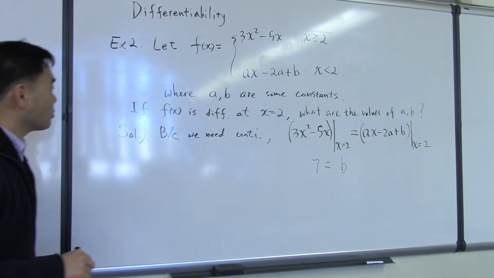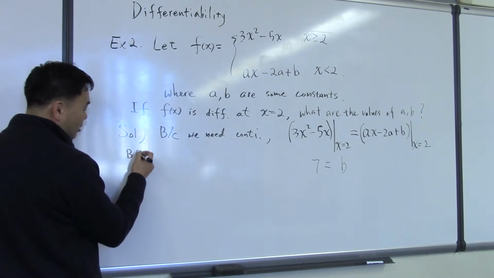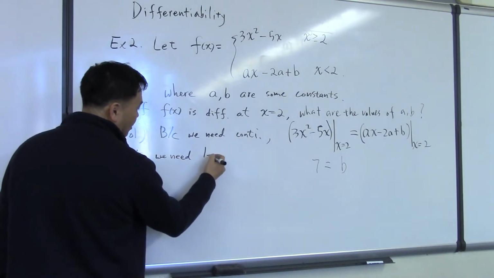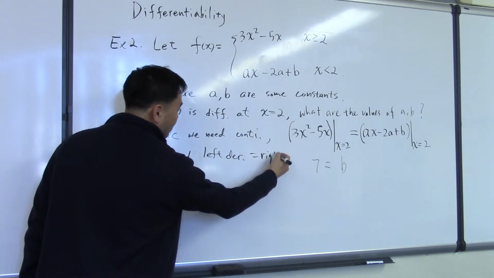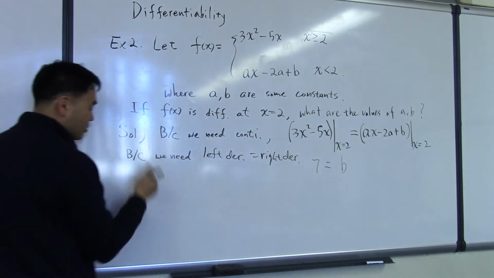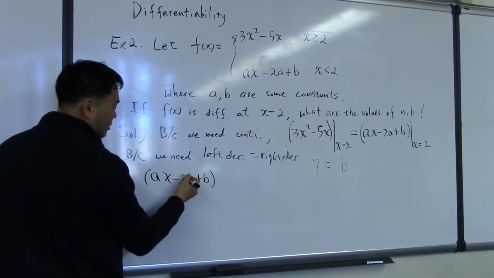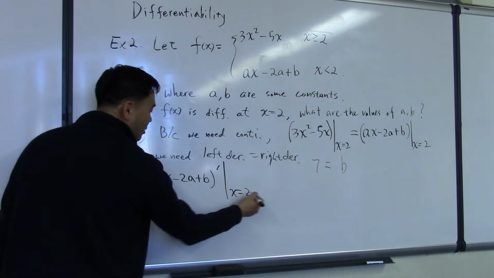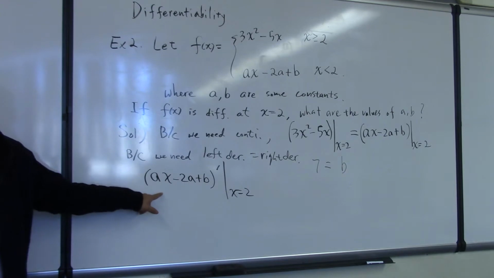So the next step is, because we need the left derivative equal to the right derivative. What's the left derivative? It's this one, right? So I have ax minus 2a plus b. If I differentiate that and plug in x equal to 2, that will tell me the slope on the left side of 2, because that's the definition of the function on the left side of 2.